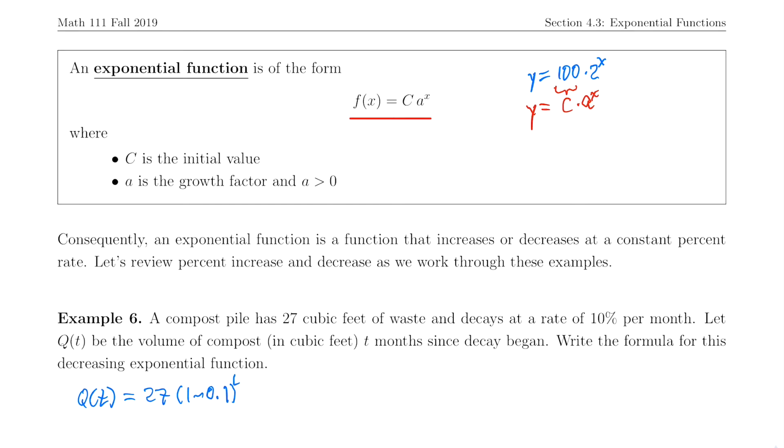That is to the t's power, for all the months that compost pile is sitting there. And therefore we get at the end 27 times 0.9 to the t's power. So that was a decay example.